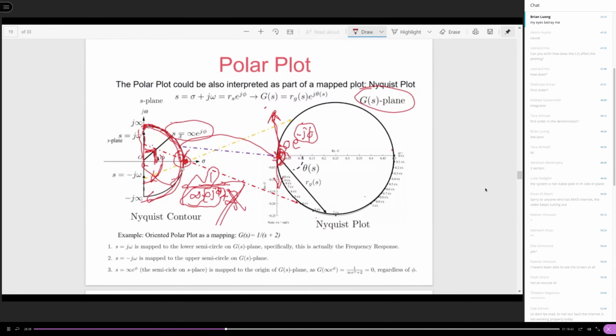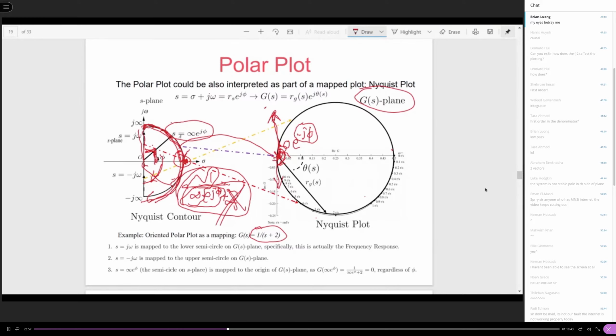That is how this semicircle is mapped. You can see this mapping process clearly from this function. You can conduct an analysis. So now we can complete the whole mapping.